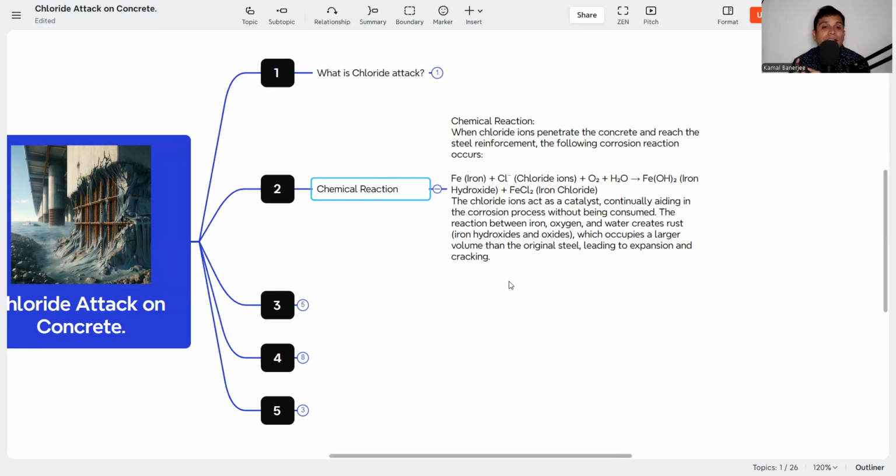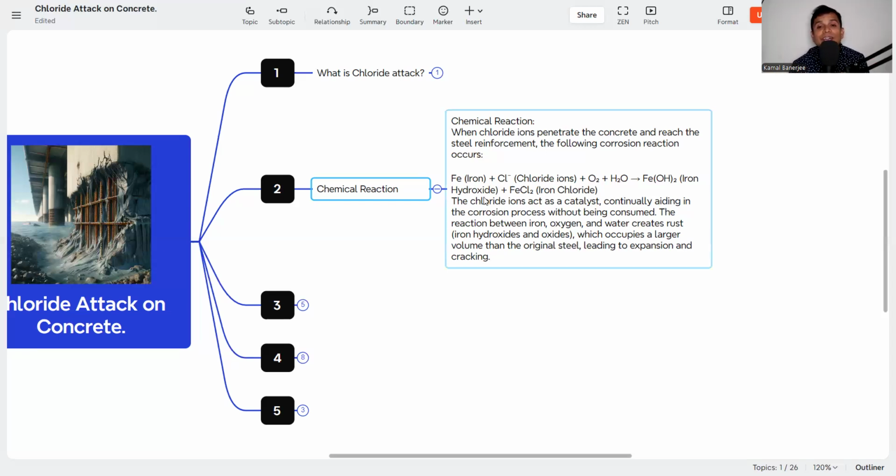Without water, this chloride ion will not react with the iron of the steel. So it is essential that water is present. That is why another way we can protect our concrete from chloride attack is to resist the penetration of water inside the concrete. If we can do that, this reaction will not happen.